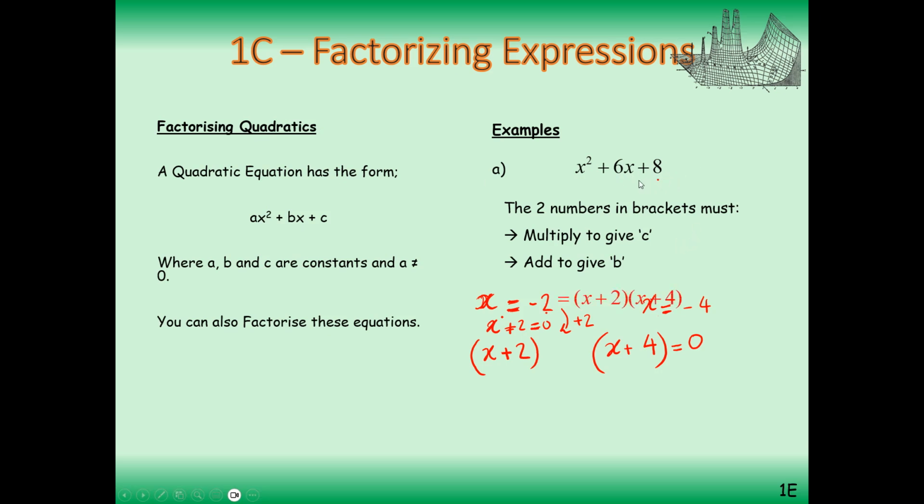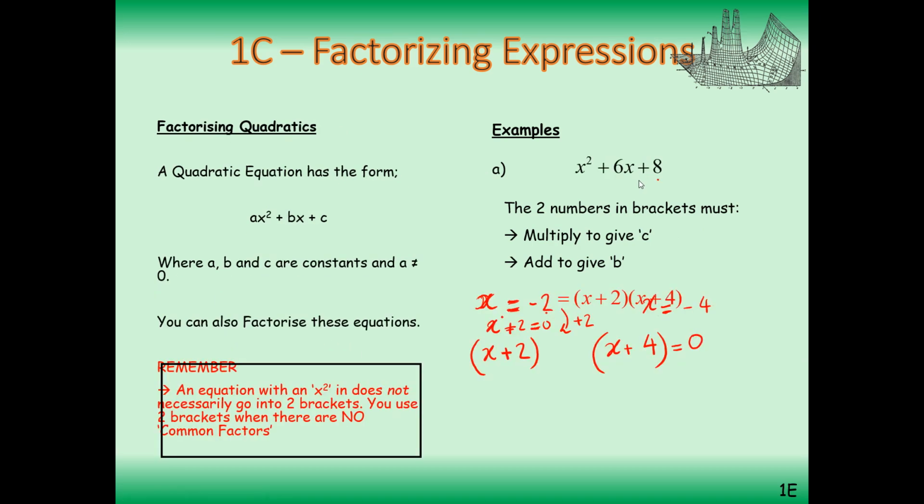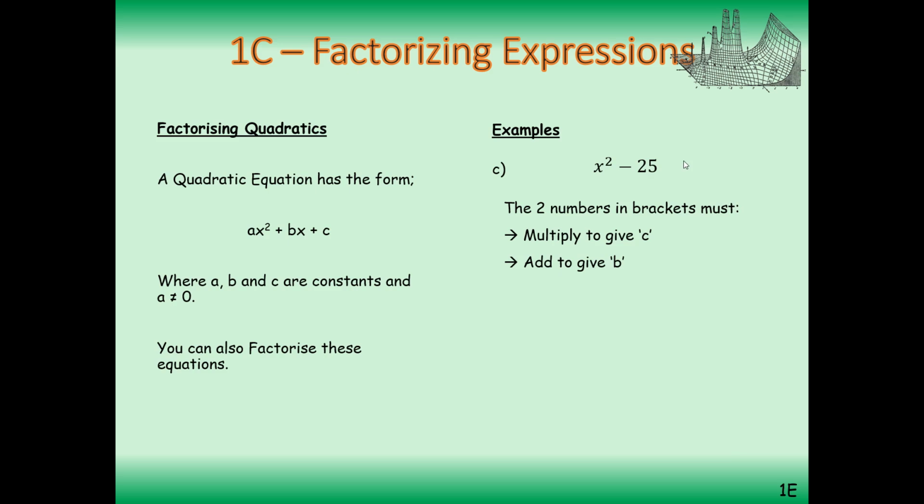All right, so let's look at this expression here. In this expression, this is called difference of two squares, because in this kind of quadratic we only have x squared and a constant, which is minus a square number, a negative of a square number.